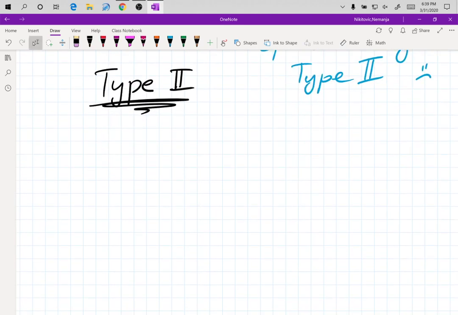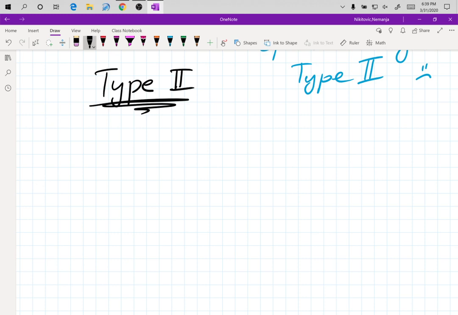So I want to work on the easiest problem. Type 2 occurs when we have vertical asymptotes, or type 2 improper integration.